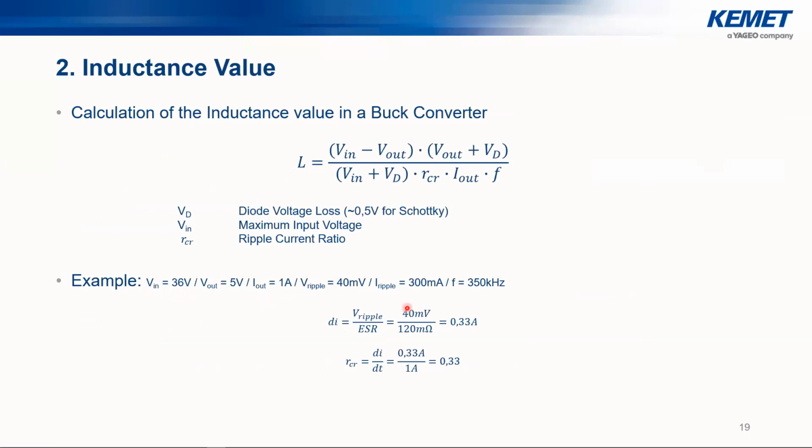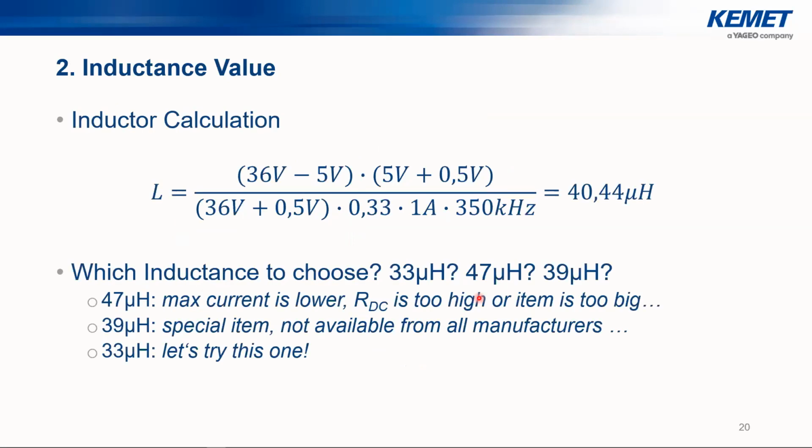I define that the ripple current is 300 milliamps, and for the frequency I took 350 kilohertz. These are just example values. It's not a given value, it's just one example. Now, what happens if I calculate now? I get 40 microhenry. And now the question, which value do you want to take?